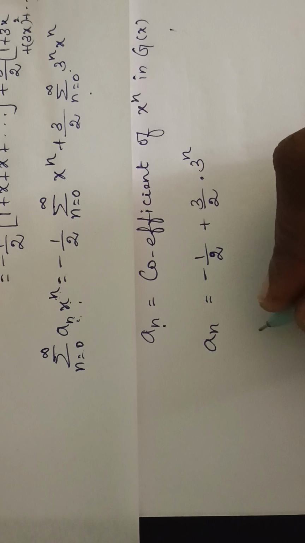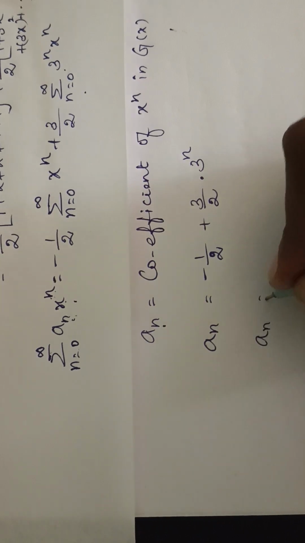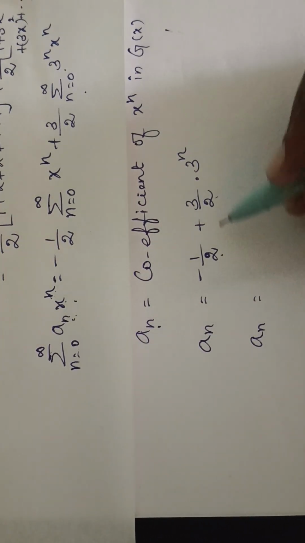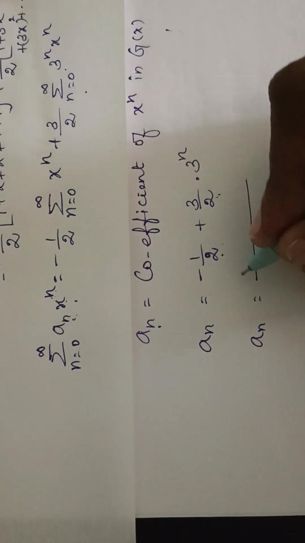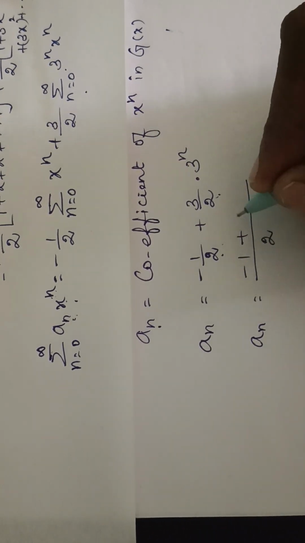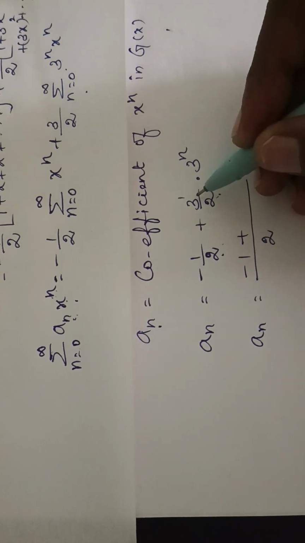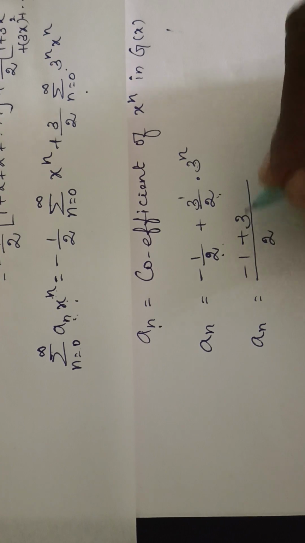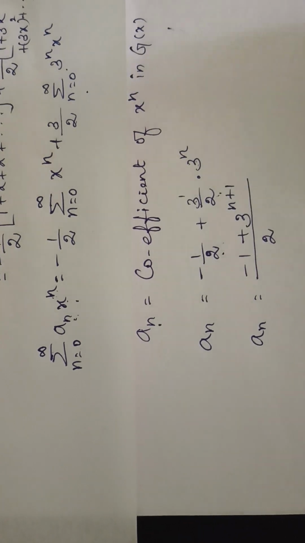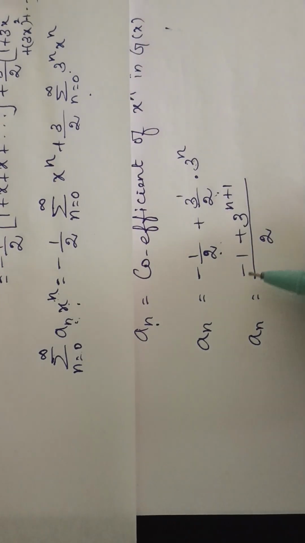And also simplify that. An is equal to, 2 is common, so we can take the LCM, minus 1 plus here 3 power 1. As I already said, with equal base it is power addition, so 3 power n plus 1 I can write. So minus 1 plus 3 power n plus 1 divided by 2.